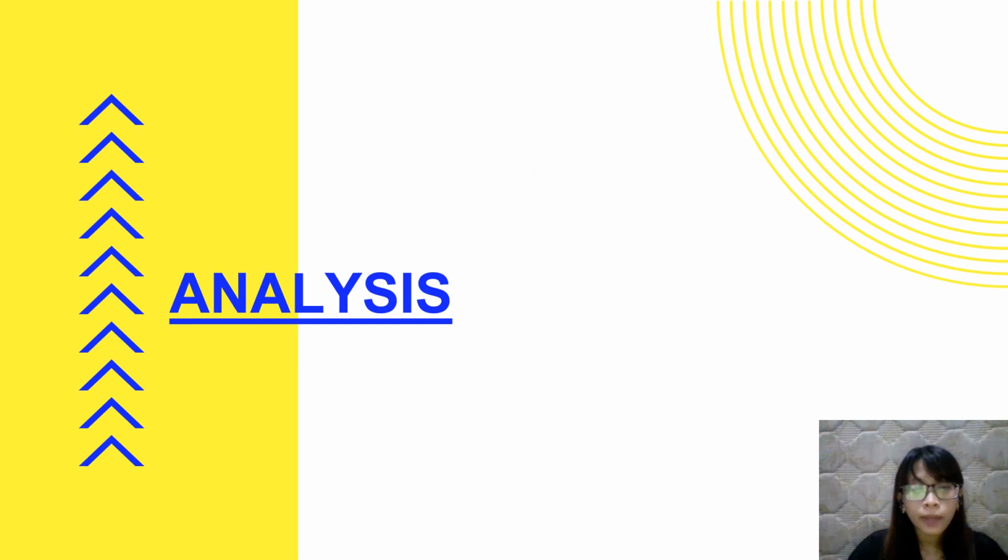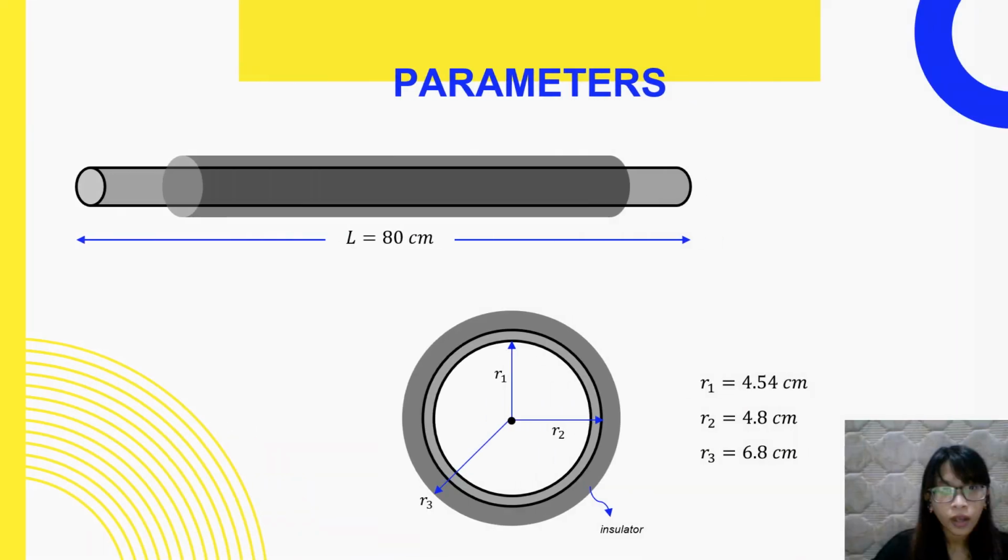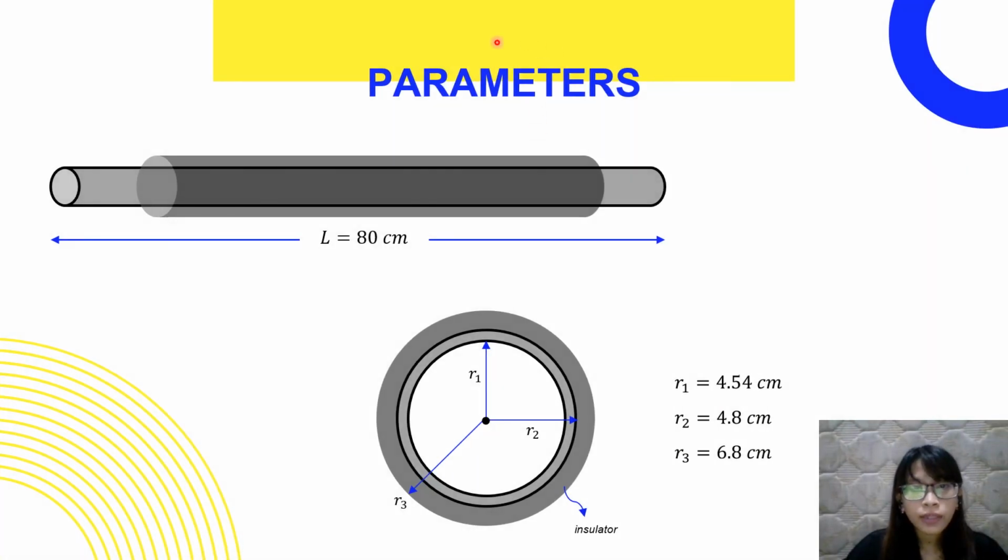After I got the parameters needed, now is the time for the computational part, which is the analysis. For the pipe, I measured the length of the pipe, which is 80 centimeters or 0.8 meter, and then I measured the radii of the pipe itself.